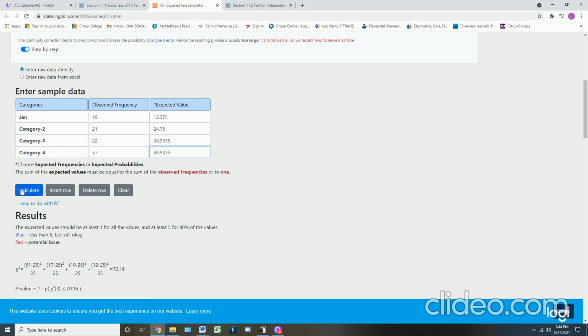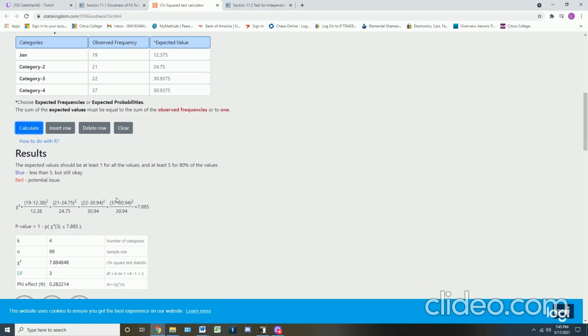Okay, press calculate. And there we go, there is our chi-squared value: 7.885.